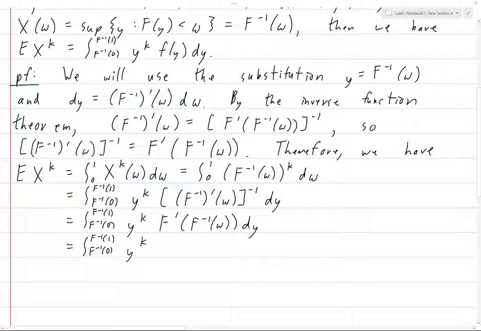F inverse omega is just y, so this is F prime of y dy. But remember, F has distribution or density function lowercase f, and so that tells us that we can replace F prime of y with lowercase f of y. And that's what we were trying to prove.